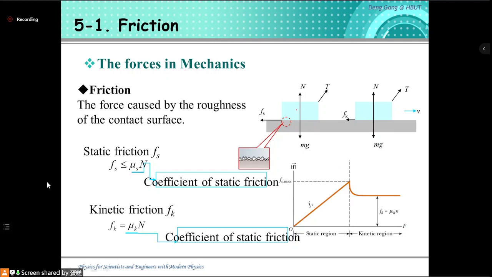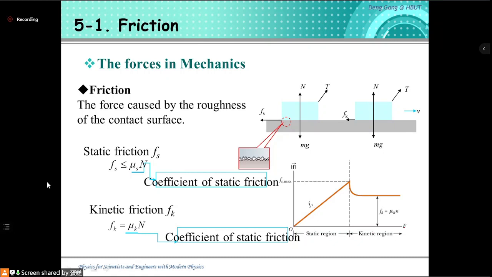Originally, when you increase the force in the horizontal direction, this object will not move, because in the horizontal direction it's still in balance. That's why the friction will increase with the external force in the horizontal direction.